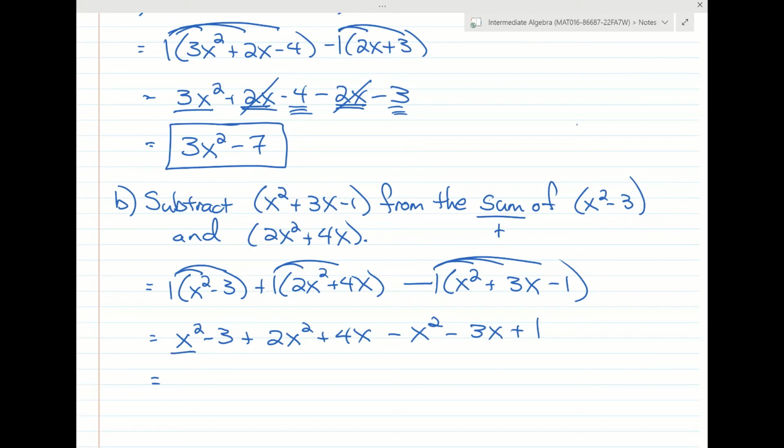So it looks like we have an x squared minus an x squared, so those are gone. But we do have a 2x squared, so that's going to stay. So we have 2x squared. We have 4x minus 3x is 1x. And then negative 3 plus 1 is negative 2.